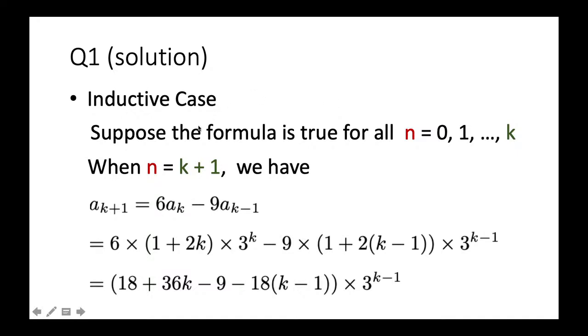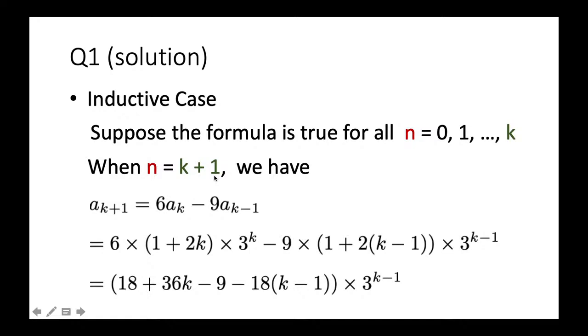We assume that the formula is true for all n equal to 0, 1, 2, 3 up to k. As far as we know, k can be equal to 1 now, because we know it is true for n equal to 0 and 1. And then we test whether the formula is also true when n is equal to k plus 1.